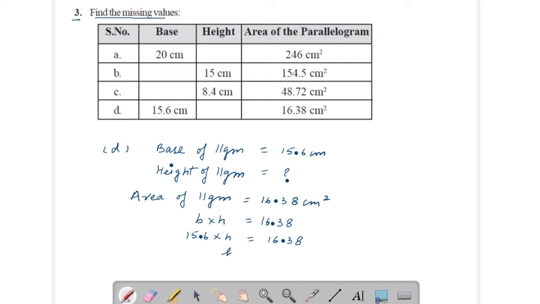Therefore height equal to 16.38 divided by 15.6 centimeter. And if you simplify it, you will get 1.05 centimeter. This is your answer.